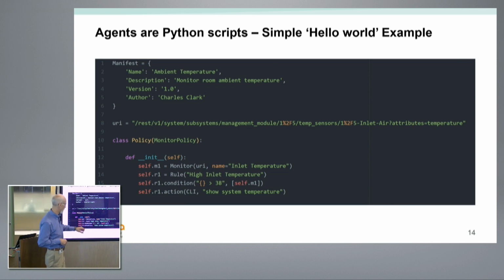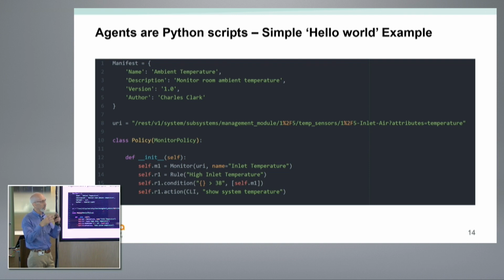So you can have more sophistication here, but just as a simple example, we just compared it to 30 degrees Celsius. And then we have an action, and this action is simply going to execute the CLI command called show system temperature when that becomes true. And then in the web UI, if the temperature went up and this action was taken, what we'd see in the graph is a triangle at the top indicating that the condition was met.